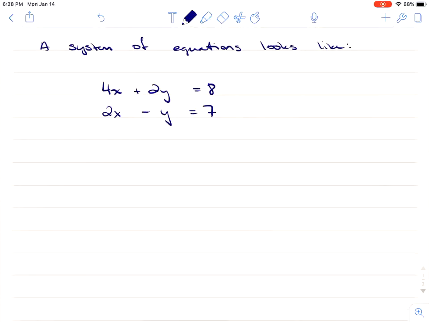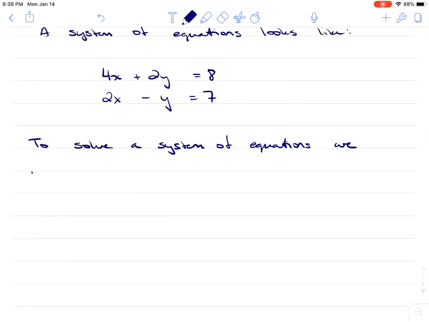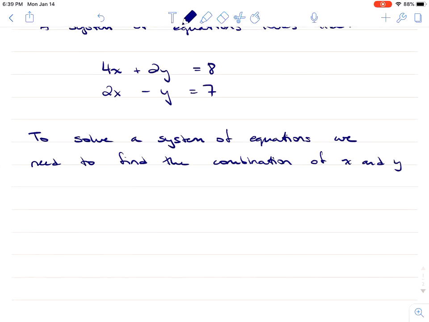To solve a system of equations, we need to find one x and one y at the same time that will solve both of these equations, the combination of x and y that solves both equations.